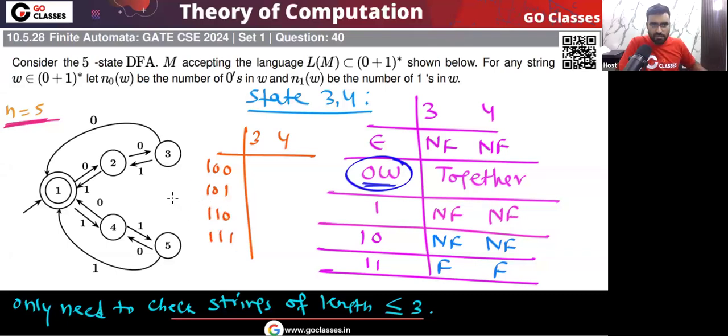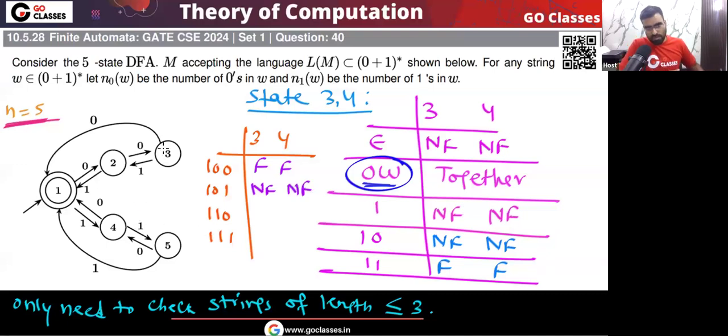So tell me quickly. On 1 0 0, where are these states going? On 1 0 0, both are going to final. On 1 0 1, this is going to non final.